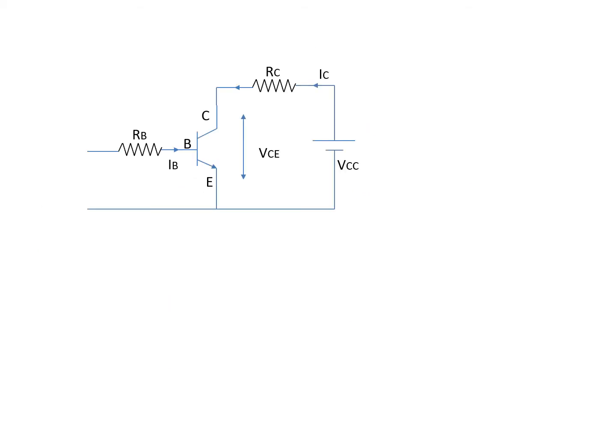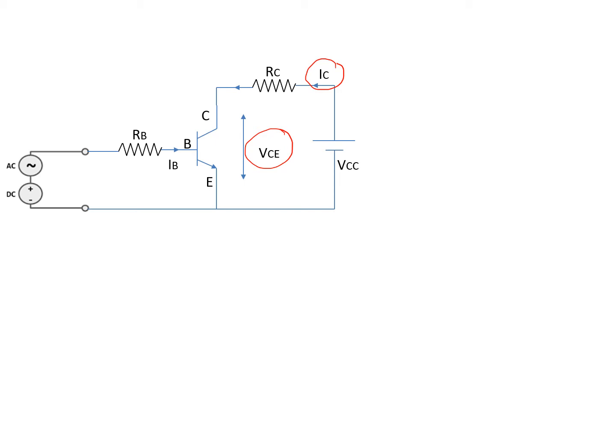This is a common emitter configuration circuit. We will apply input to this circuit across base and emitter, which is a series combination of AC and DC. Once we apply the input, we will see the current IC in the output and the collector emitter voltage VCE.